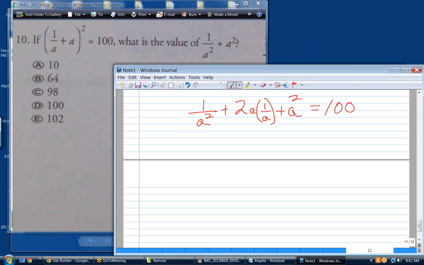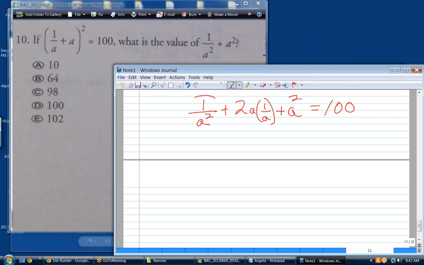Did I lose you? Okay, remember the middle term is 2 times this term times this term. So that's where I got the 2 from. And then the one term was a, and the other term was 1 over a. So that's our middle term, and then the end term is a squared.